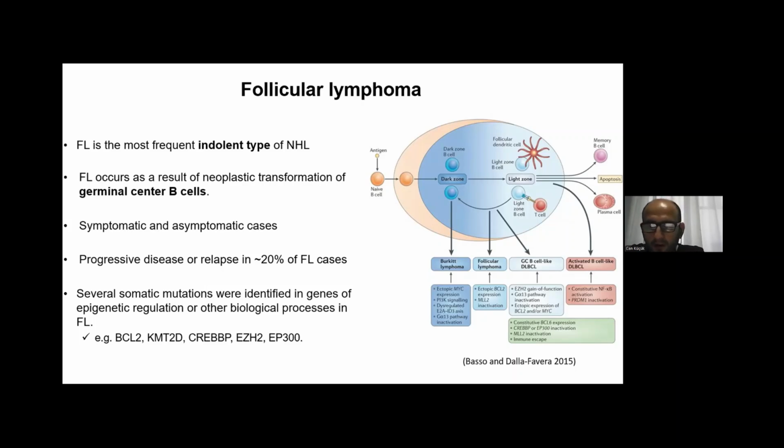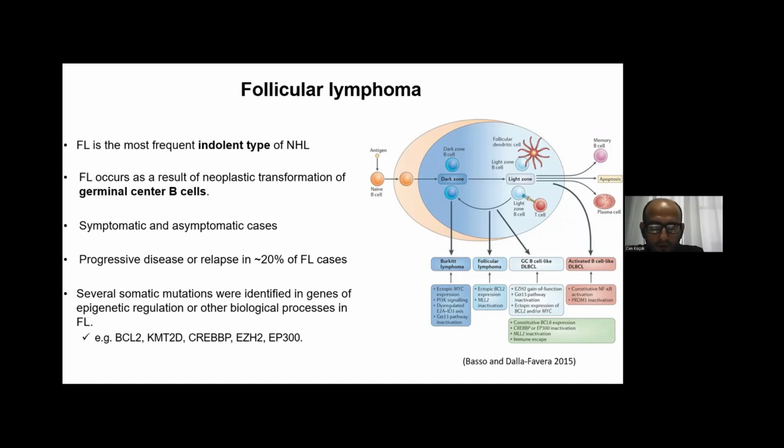Before we started our study, the genetic landscape of follicular lymphoma was already well established due to the development of next generation sequencing methodologies. Previously, there were also some Sanger sequencing based mutation analyses, and many genes mutated in the tumors of this lymphoma have been identified.